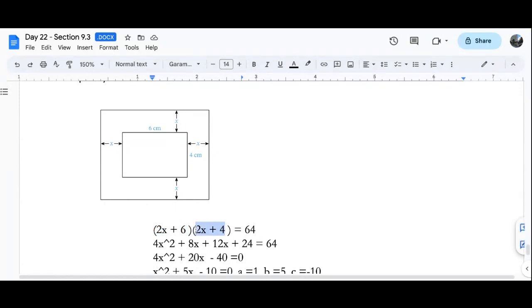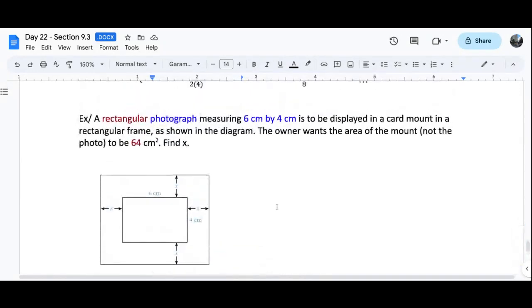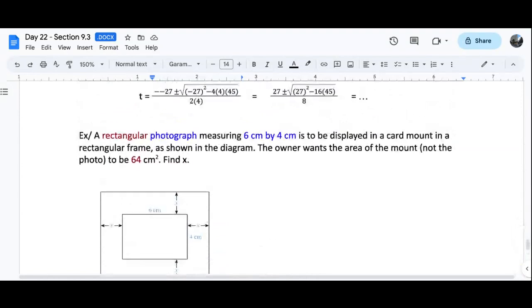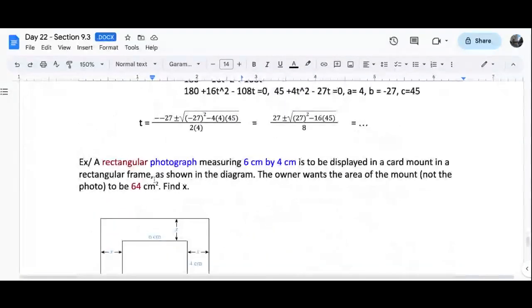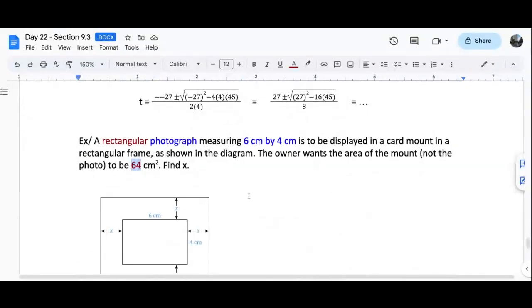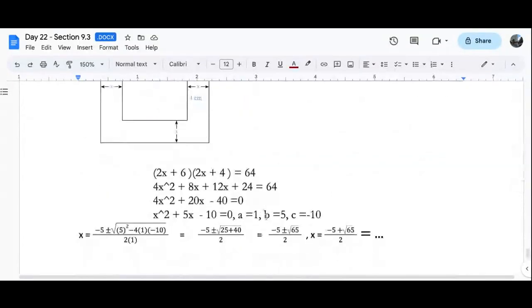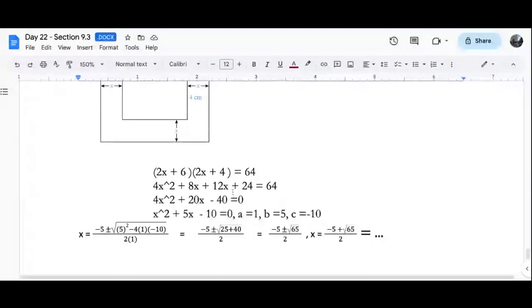So 2x plus 4. And the area of this rectangle is 64. Okay. So that means length times width equals 64. Then we expand this, right?